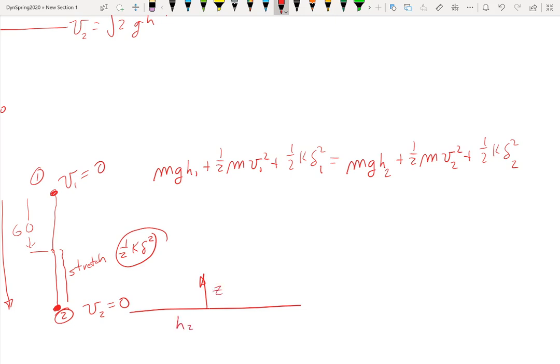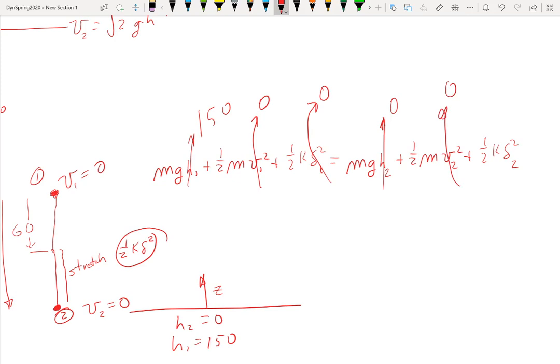So this means h2 is equal to 0, h1 is equal to 150. That goes away. This says the initial velocity is 0. And guess what? The bungee cord's not stretched when the guy's sitting on the platform. Guess what? It's completely stretched at the bottom, and that's 0.